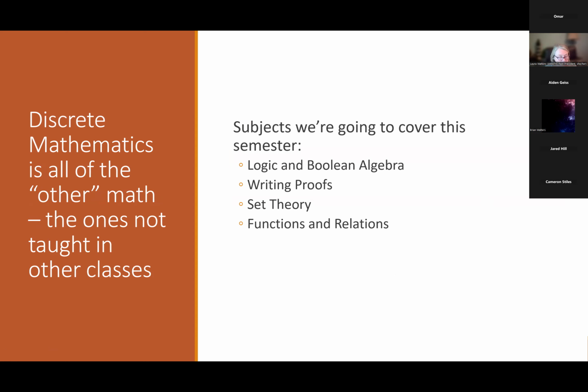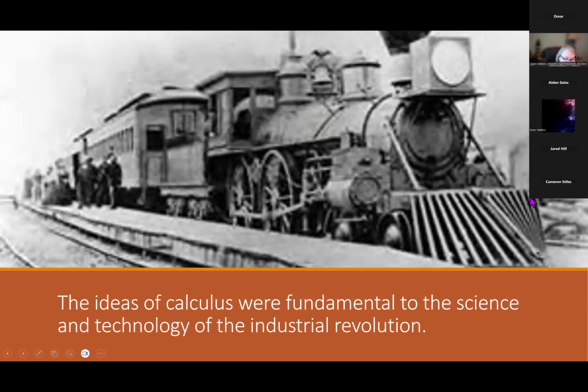We'll get to that later in the semester. We'll talk a little bit about probability and a bit about graph theory. And then the last thing is algorithm analysis, and this often ends up being an extra credit thing right at the end of the semester because we're running out of time.